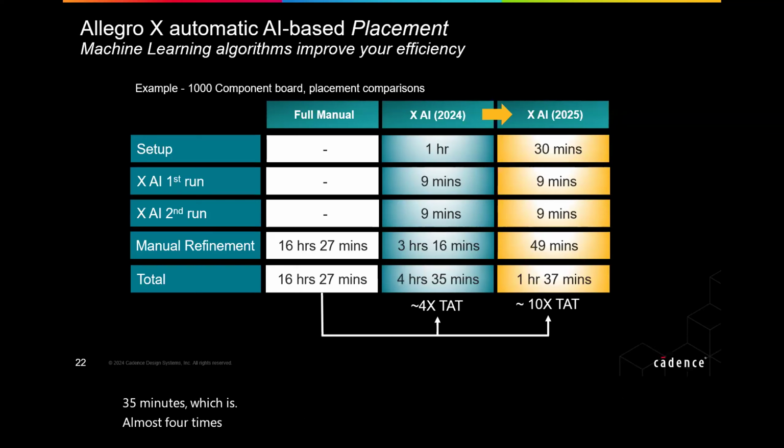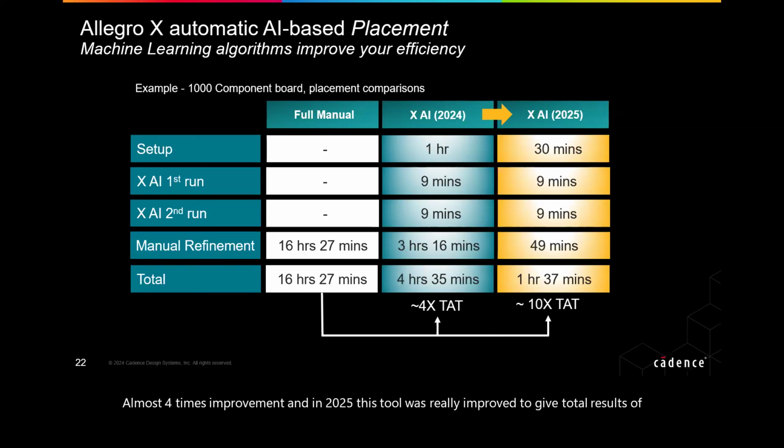And in 2025, this tool was really improved to give total results of 1 hour 37 minutes, which is 10 times faster and gives you the possibility to make several tries and to choose the better form factor and so on.